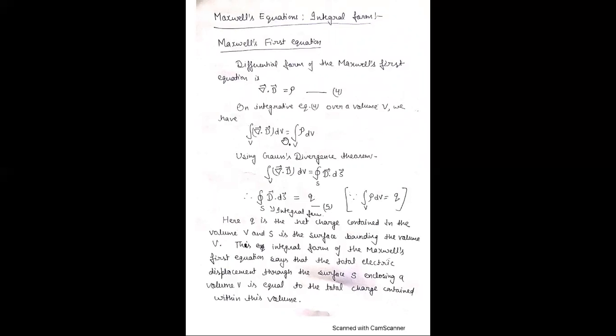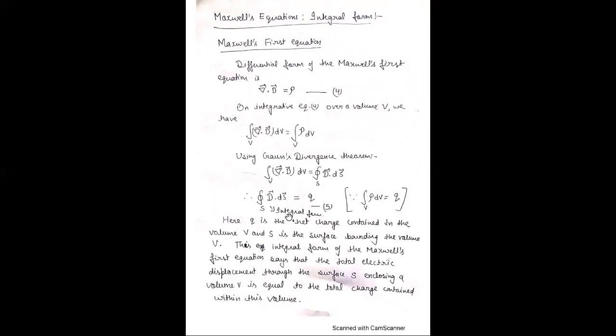We also know that the volume integral of rho dV is equal to the total charge Q. Therefore, the closed surface integral of D dot dS is equal to the total charge Q.